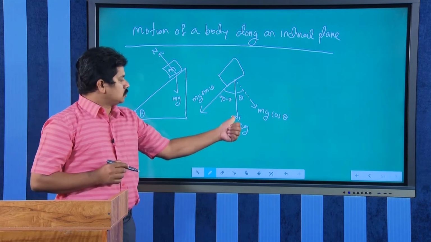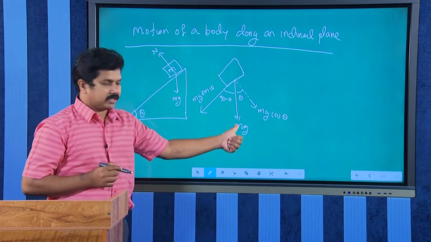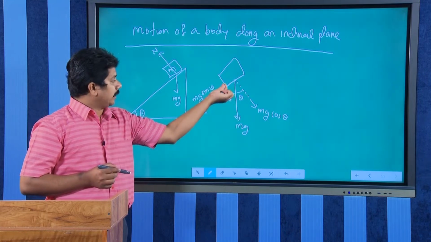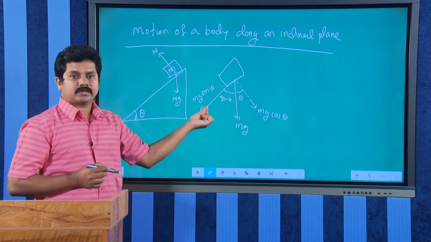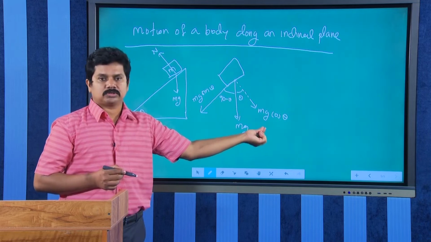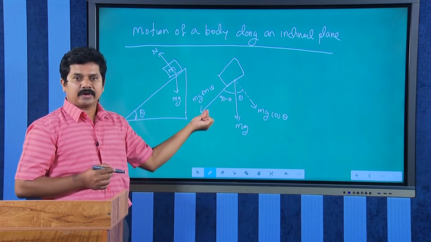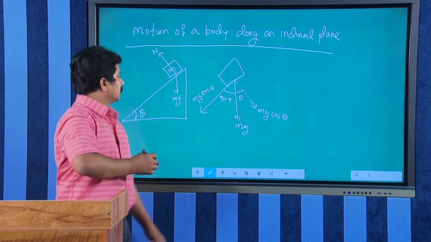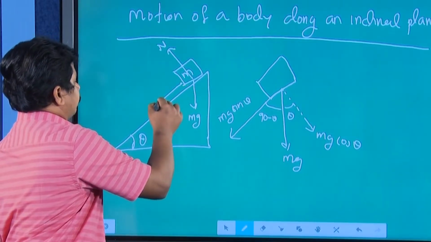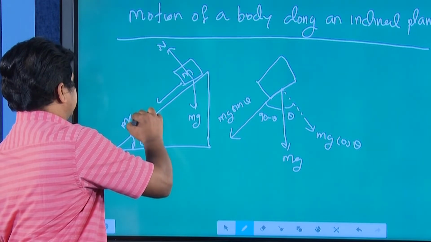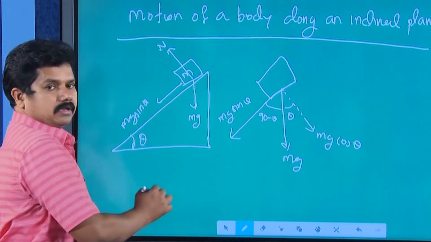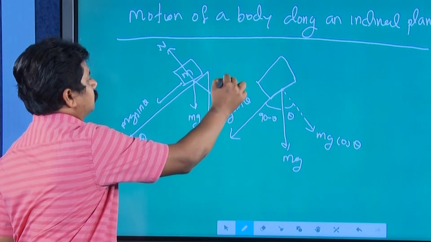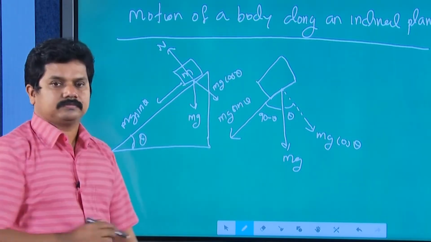Okay. So, we have resolved this vertically downward force mg into a component along the motion and a component perpendicular to the motion, or a component along the plane and a component perpendicular to the plane. Okay. That is, we have mg sin theta and mg cos theta.